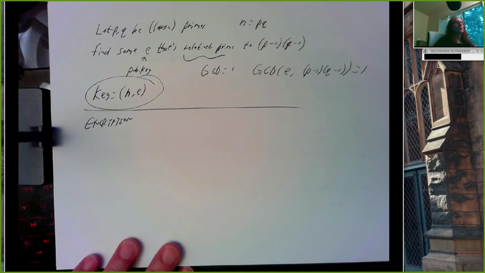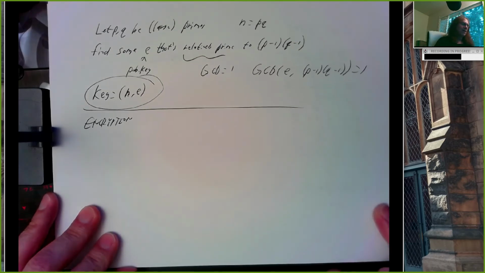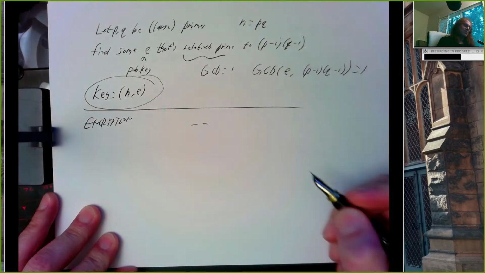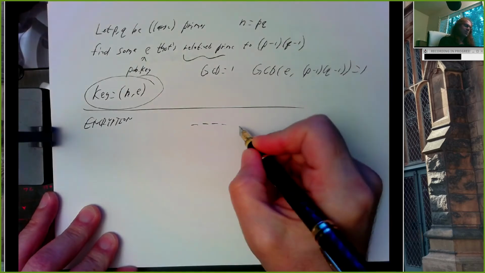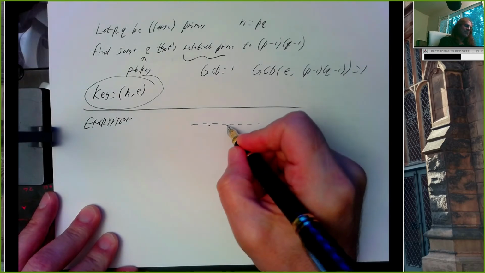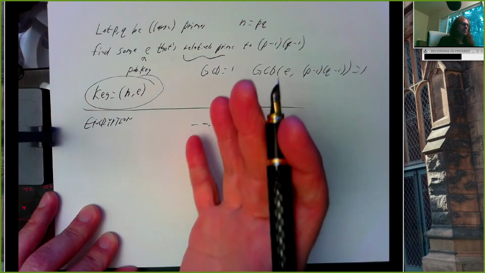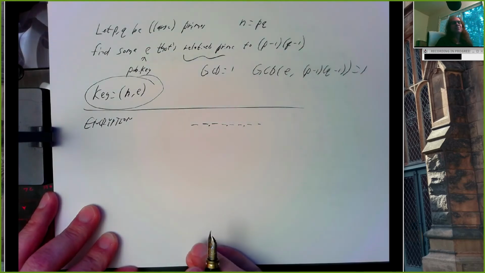So we're going to break your message into blocks of a certain length. And each letter corresponds to a 2-digit number. And so depending on how many letters we have, for example, if we have 4 letters, we could have a number up to 25252525.